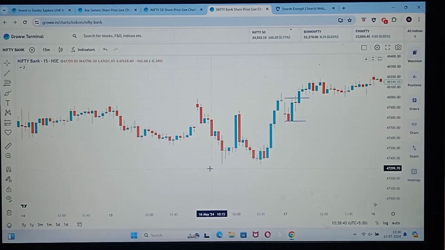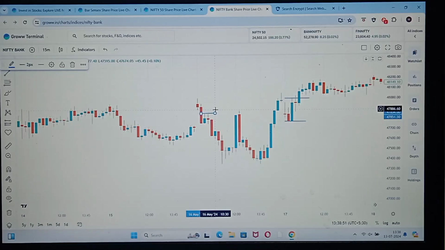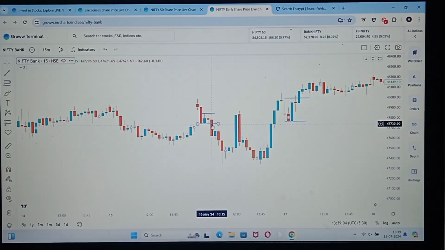Again, 16th of May we'll see. So this green candle is the 9:45 candle. So we'll be marking the high and low. Then you will be seeing at around 10:15 we got a downside put trade, 47,000 sorry, 47,745 we got a put side trade easily.